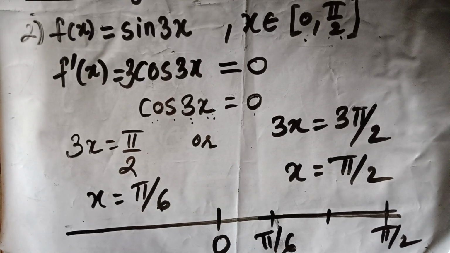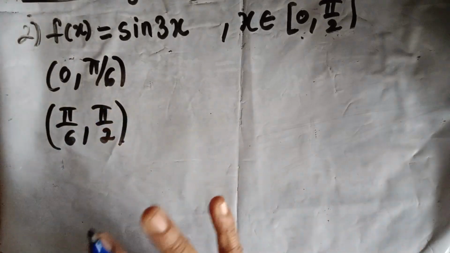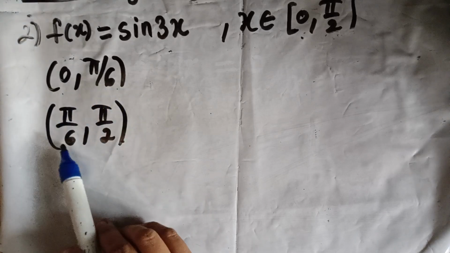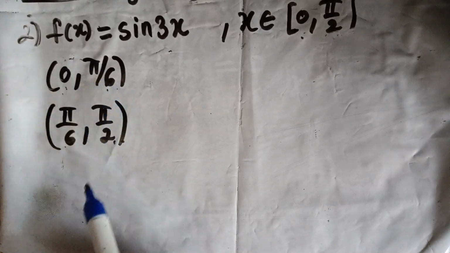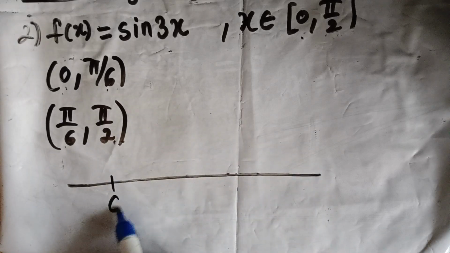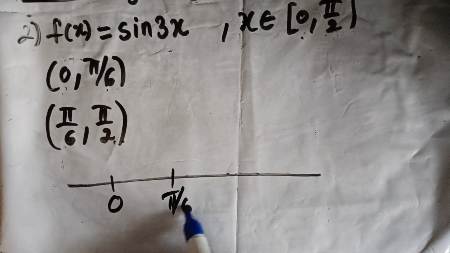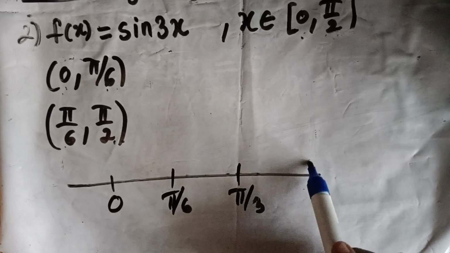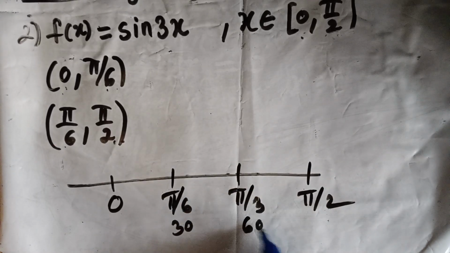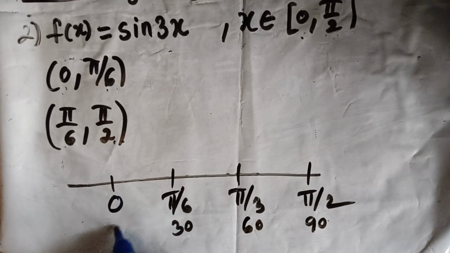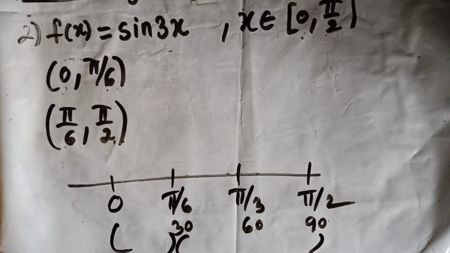Now we have the intervals, that is from 0 to pi by 6 and pi by 6 to pi by 2. So we got two intervals, right? 0 to pi by 6 means this is from 0 to 30. This is 30 degree, this is 60 degree, this is 90 degree. So we have this interval and this interval.